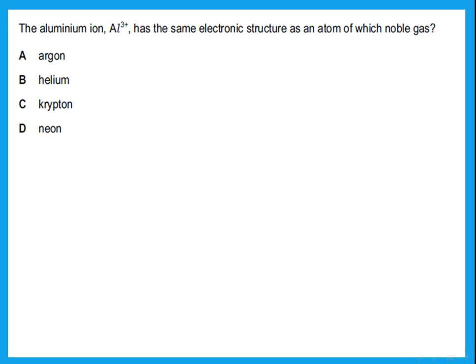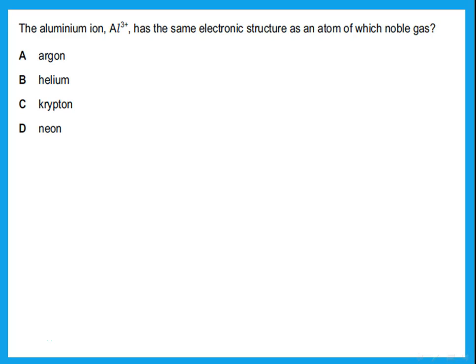Aluminium ion, aluminium 3+, has the same electronic structure as an atom of which noble gas? So I look at aluminium. In the periodic table, aluminium has an atomic number of 13. That means it originally had 13 electrons. If it has 3 positives on it, that means it has lost 3 of its electrons. That means it has 10 electrons.